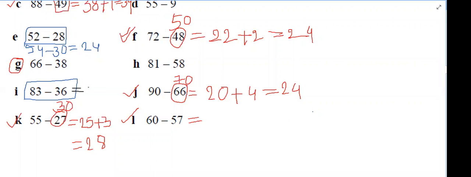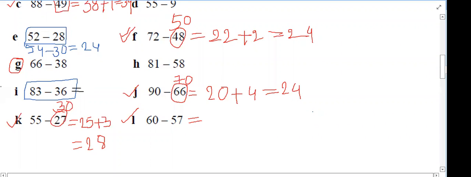How much did you take extra in case of 36? 36 becomes 40, which means 4 extra. The same 4 you have to add to 83 also. 83 plus 4 becomes 87. Yeah, now the question is same. 87 minus 40 we can do.